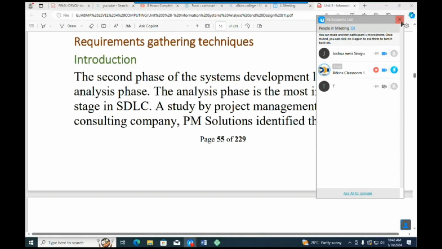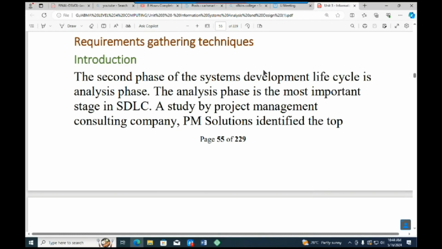Now, it is of essence for us to understand that the system analyst needs to understand what the system requires, or what are the expected requirements of that particular system. What do we actually require of the system? What should the system do? What are the functionalities of the system?